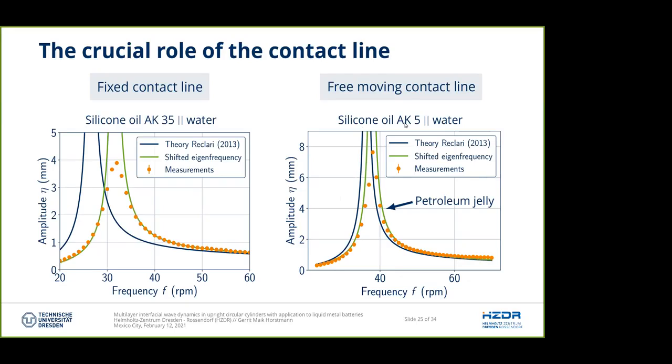It is hard to control the contact lines, but it shows that on the one hand, the contact line has a strong influence, and usually in metal pad roll theories, all these effects are neglected. All the theories assume perfectly free contact lines, but this, in my experiments, was more an exception than the rule.